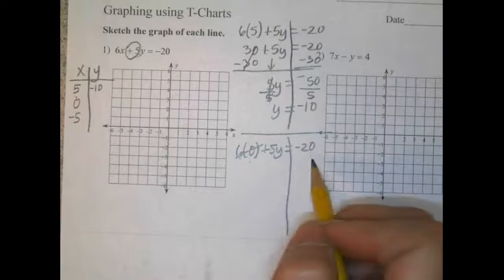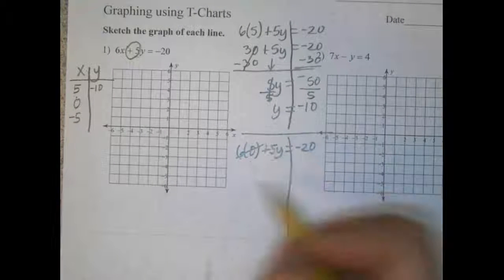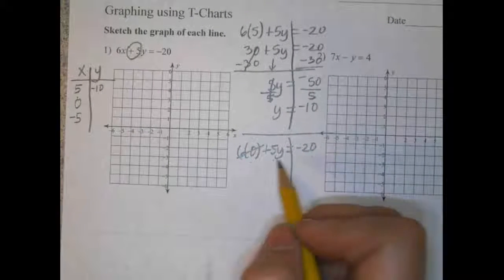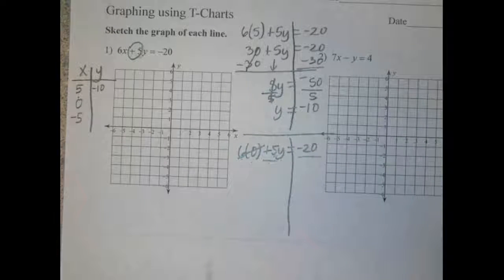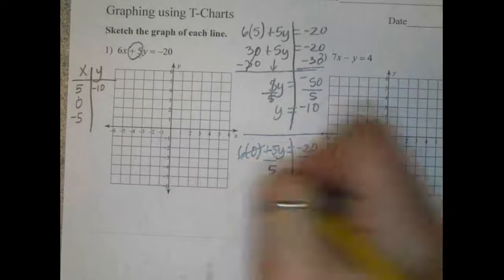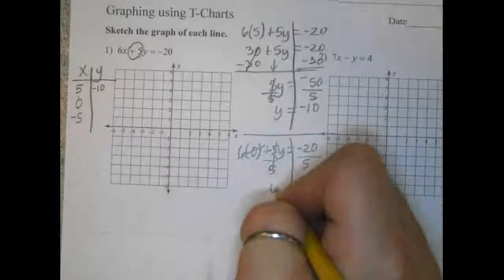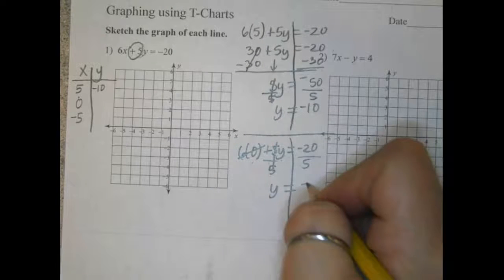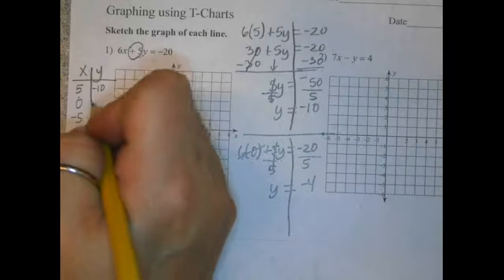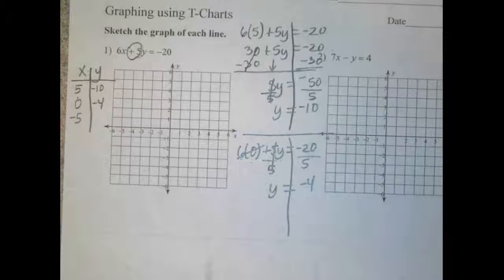So all I have to do is my inverse. I don't have to move anything over. But my inverse of this is going to tell me to divide both sides by what number? Positive 5, right? What does y equal in this equation? Negative 4. So now when x is 0, y is negative 4.